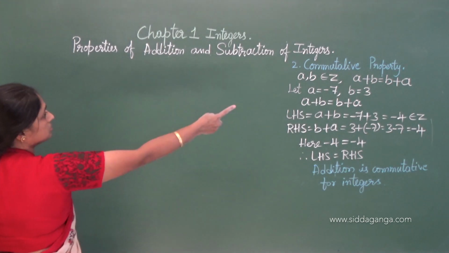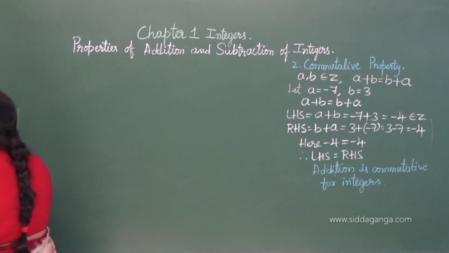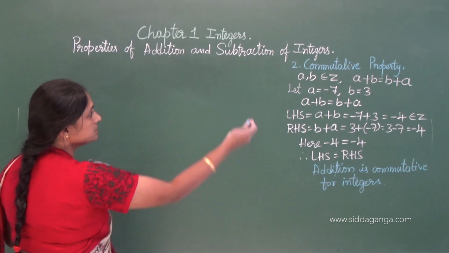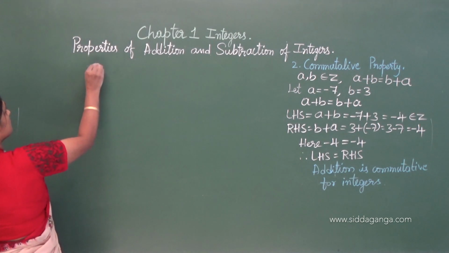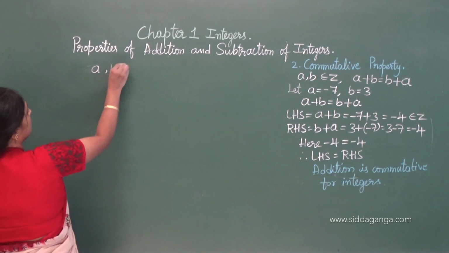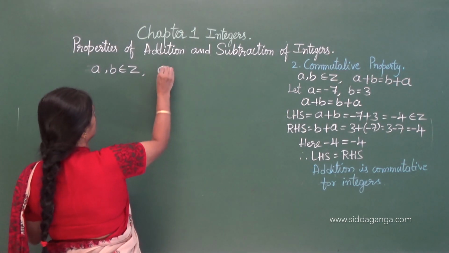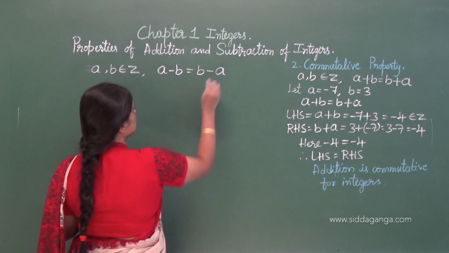Shall we take those two numbers? For subtraction, a, b belong to Z, then the condition is a minus b is equal to b minus a.